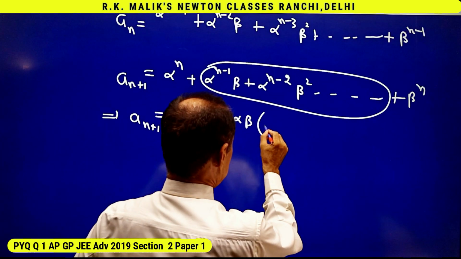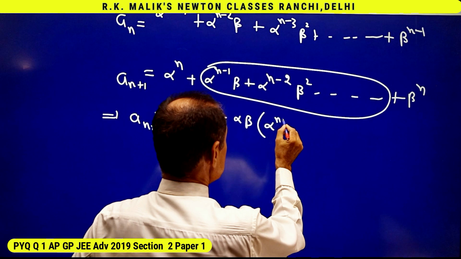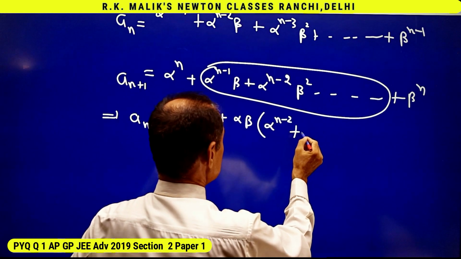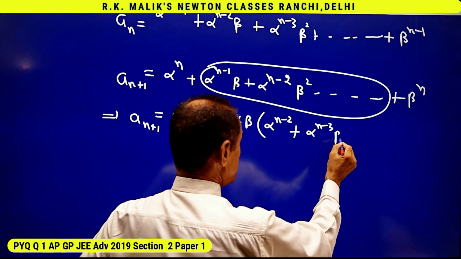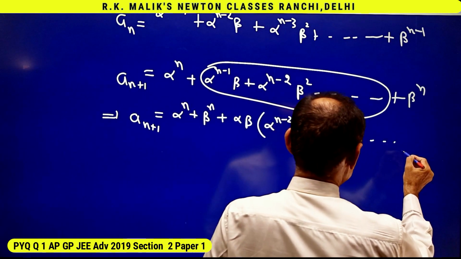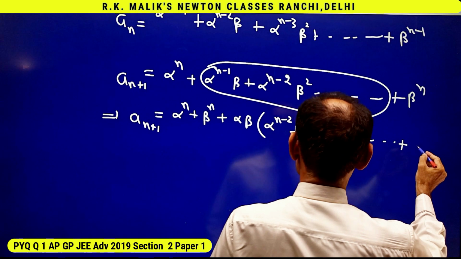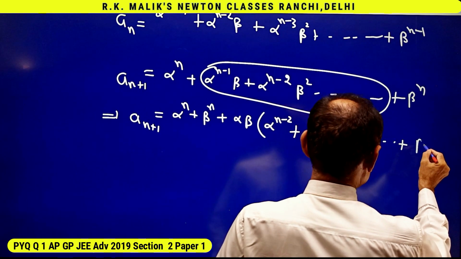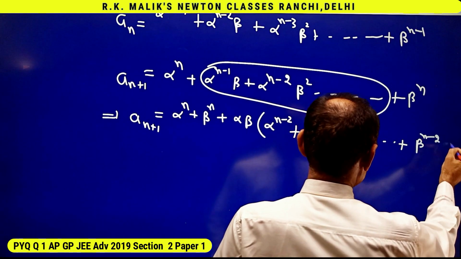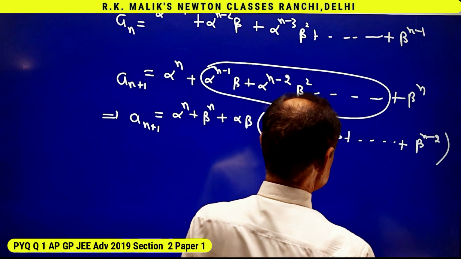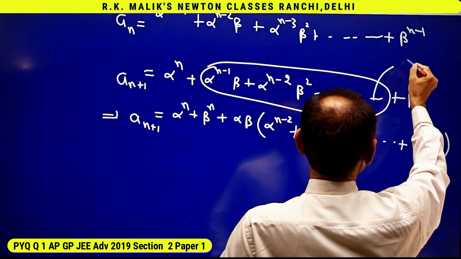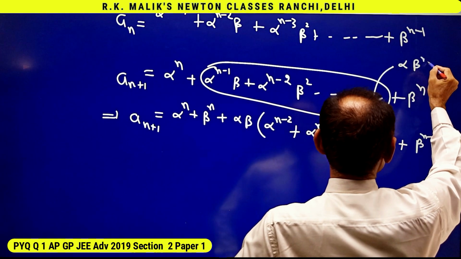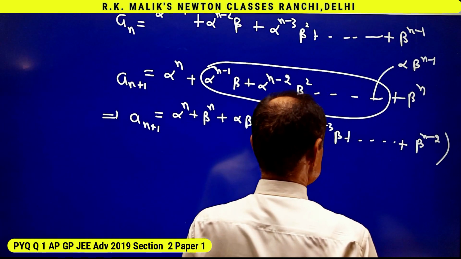I will get alpha to the power n minus 2 plus alpha to the power n minus 3 beta, and the last will be beta to the power n minus 2, because here the last term is going to be alpha beta to the power n minus 1.